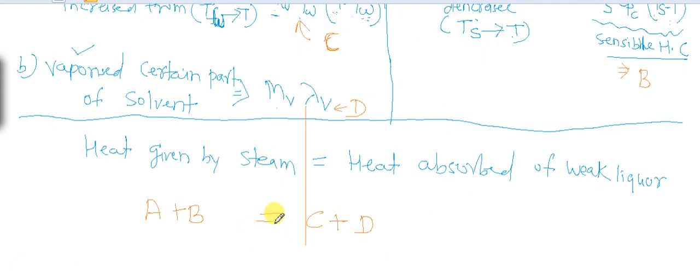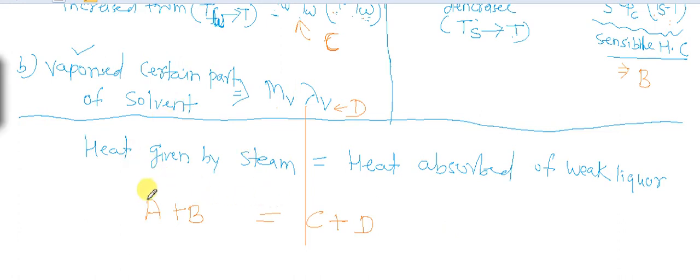So the final equation is: heat given by steam equals heat absorbed by weak liquor, that is A plus B is equal to C plus D.